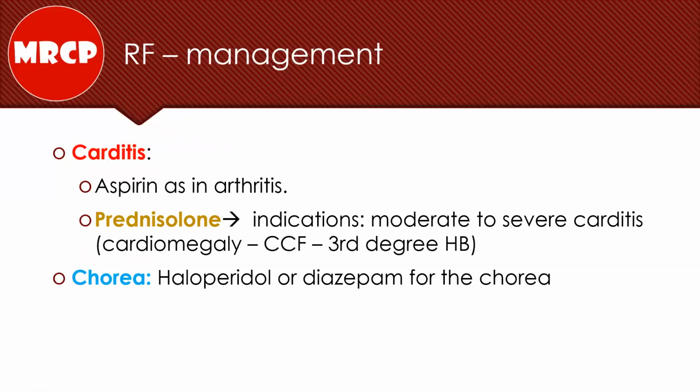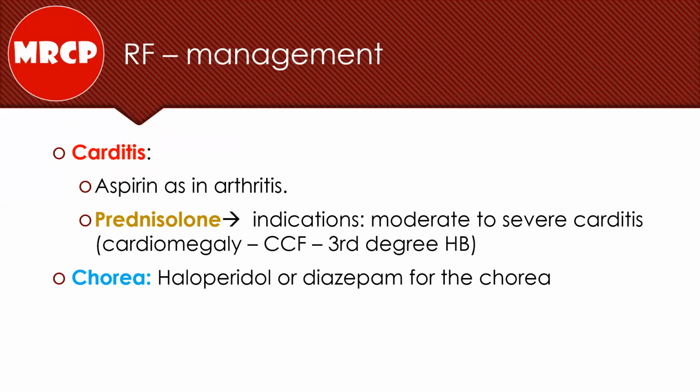For carditis, we use aspirin as in arthritis, and we can use prednisolone in the following condition. Be aware of this scenario, because in some questions you will find the question asking particularly about the indication of prednisolone in a patient with carditis.